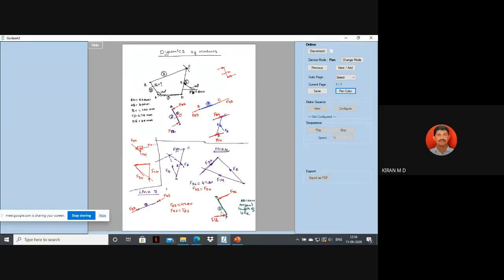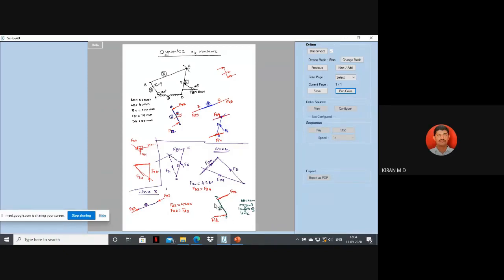So what is the F12 from this figure? F12 is equal to F32.